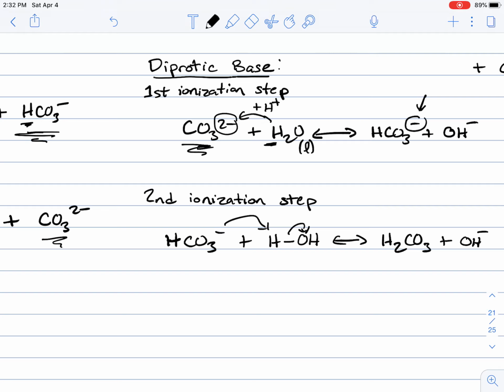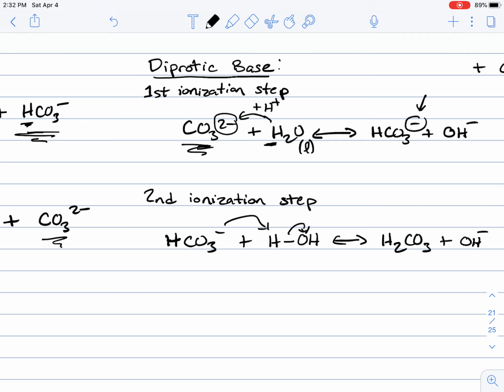So anyways, notice that the position of the carbonic acid and the bicarbonate is opposite to that of the second ionization step.